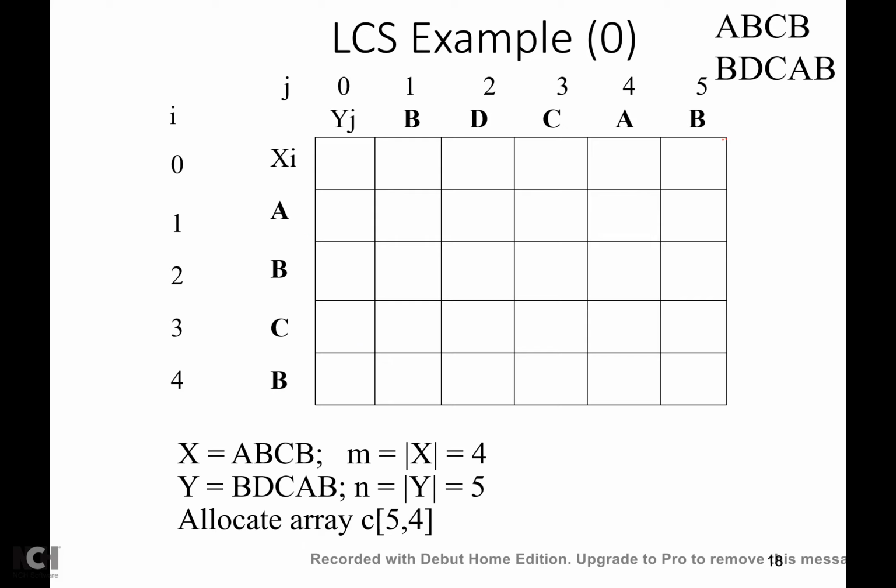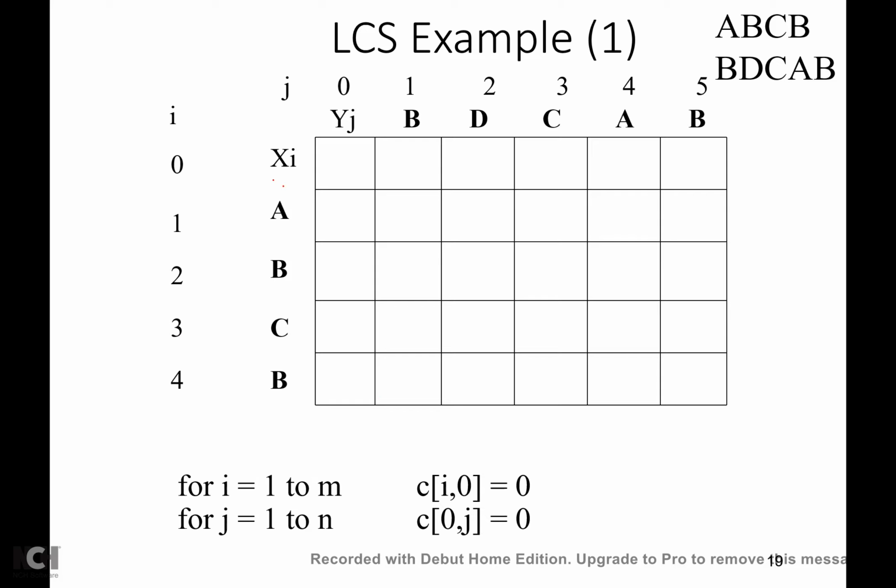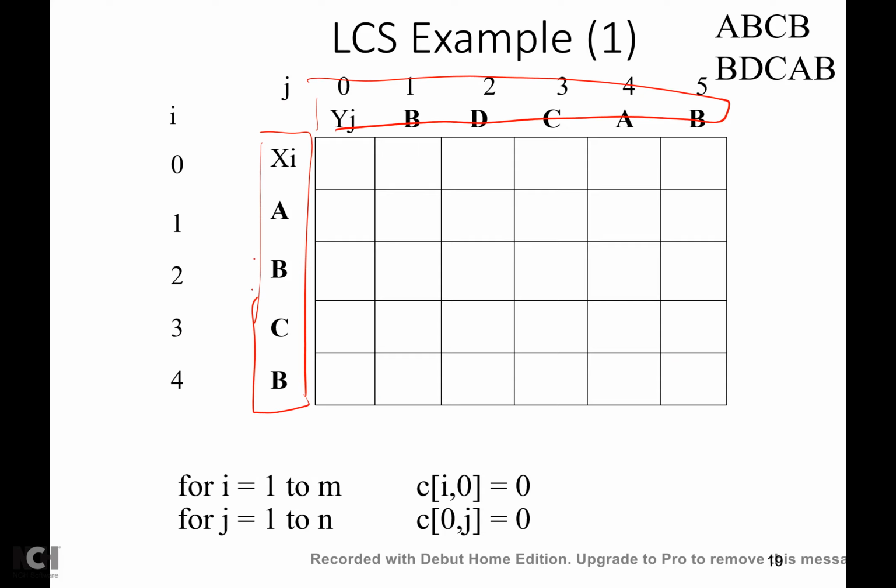First, we need a two-dimension table, and this is the 5 times 6 array. Each row here, you can see this is the row name and this is the column's name. Row names correspond to the X sequence, and the columns correspond to the Y sequence.